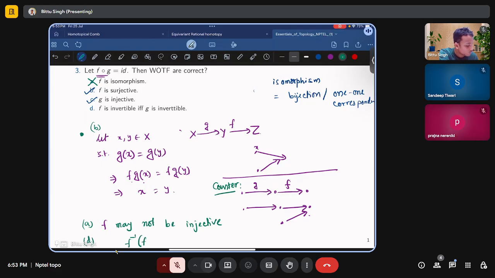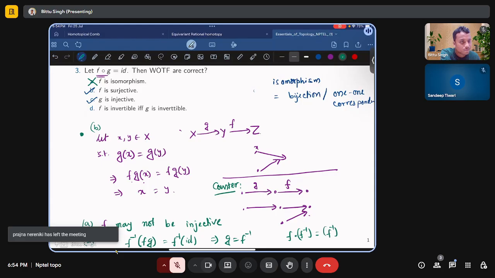So if we apply F inverse on F G, this is the same as F inverse applied on identity. So this means G equals F inverse. Therefore G is also invertible, and vice versa. The same can be done with G, because what will be the inverse of F inverse? It is F, right? F composed with F inverse is the same as F inverse composed with F, which is identity. So F is invertible means G is also invertible, and the converse also.